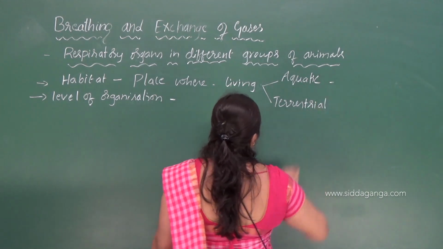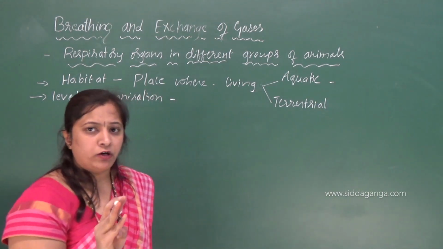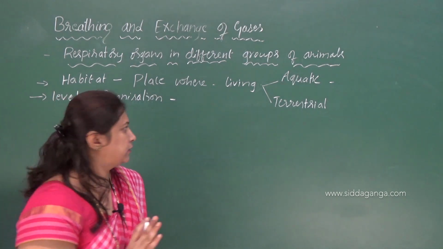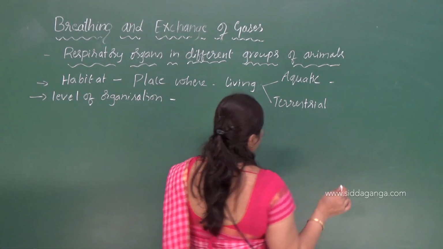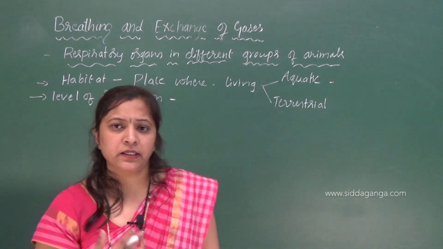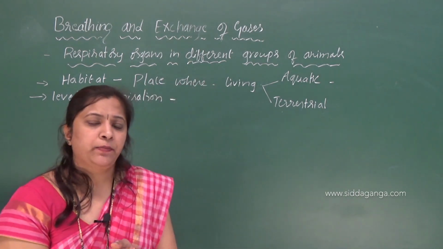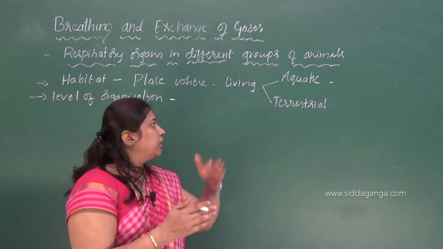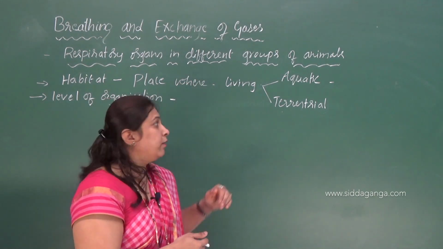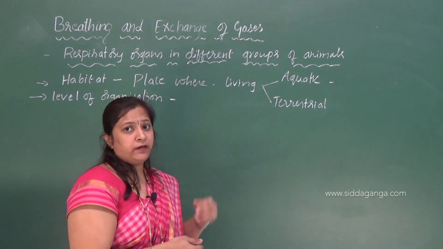Aquatic animals are the animals which live in water. Terrestrial animals are the animals which live on land. The nature of the respiratory organs depends upon the habitat of the animal, whether it is living in water or whether it is living on land.